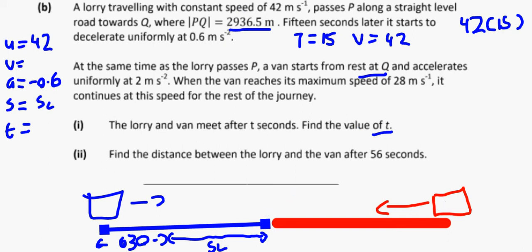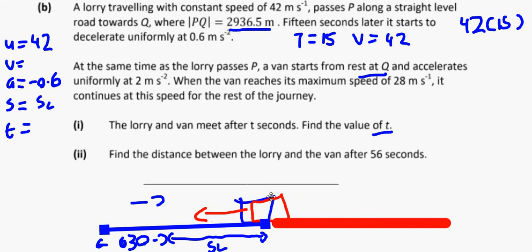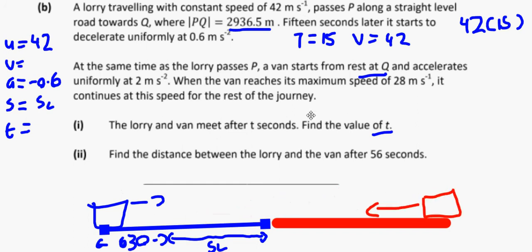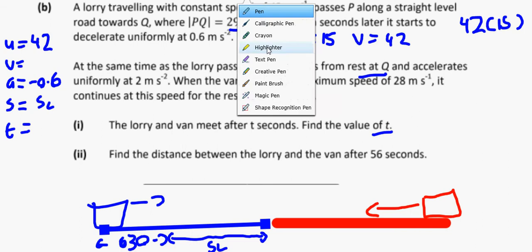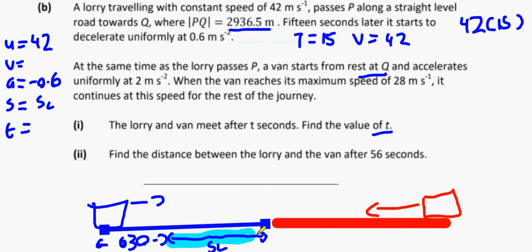So it takes T seconds for the red van and the blue lorry to meet somewhere, not necessarily the middle, just somewhere along the path from P to Q. But the time you spent traveling this distance, S_L, is basically T minus 15. It's your T value, take away 15 seconds, because you've already used 15 seconds, okay?